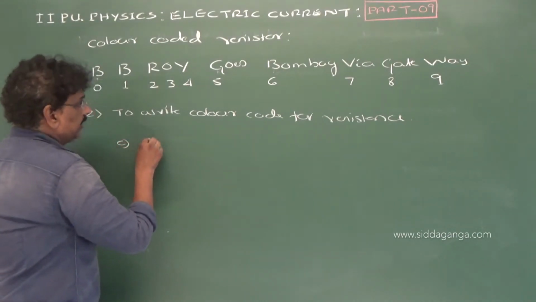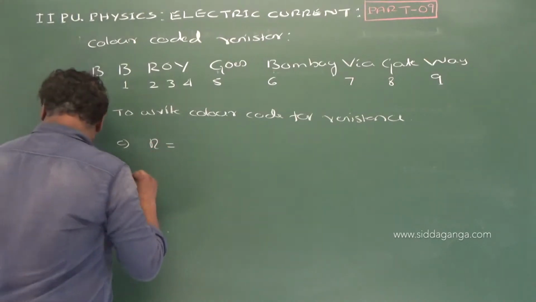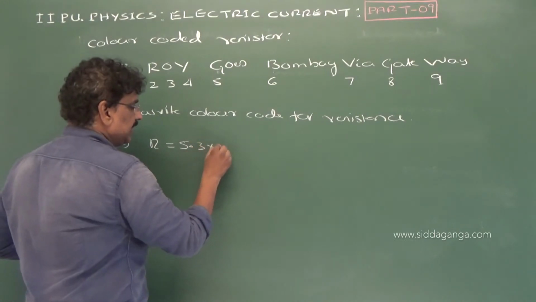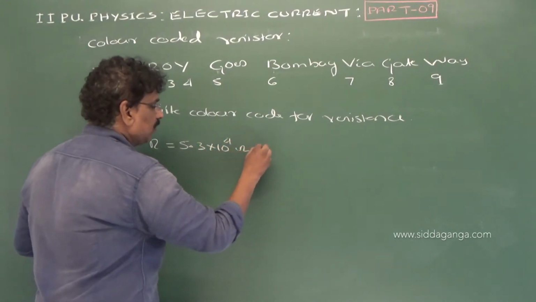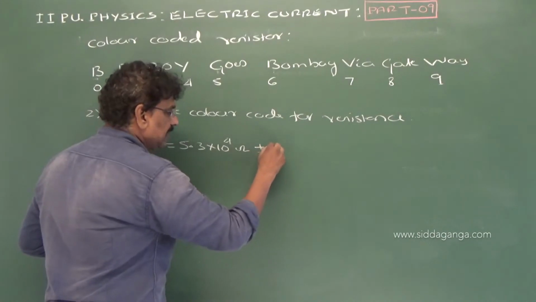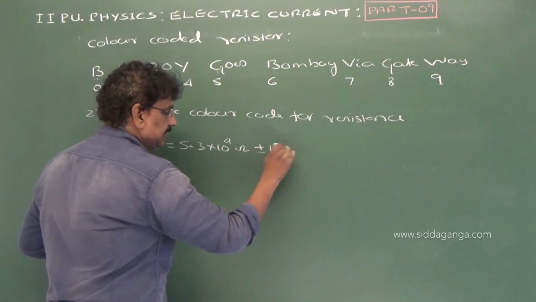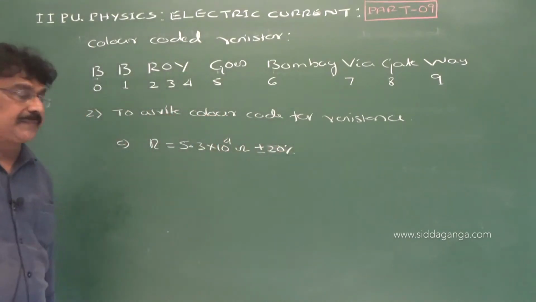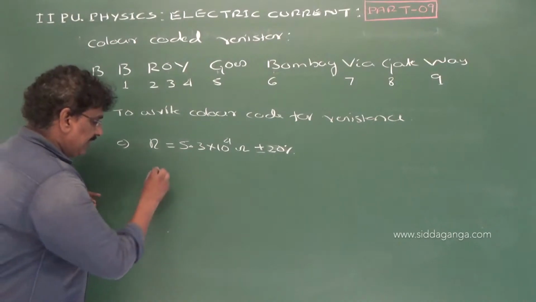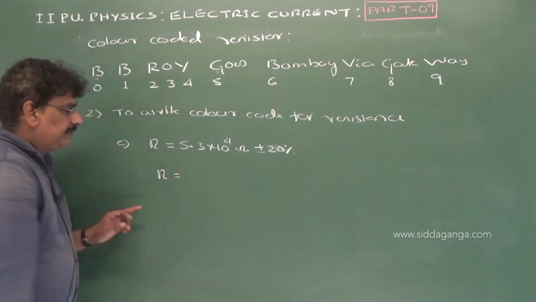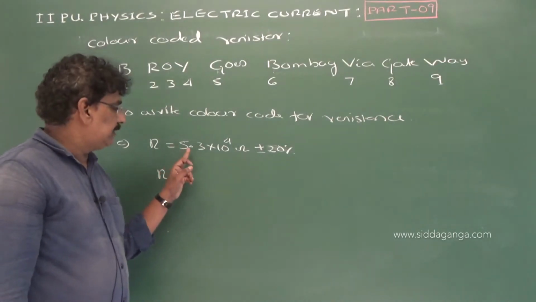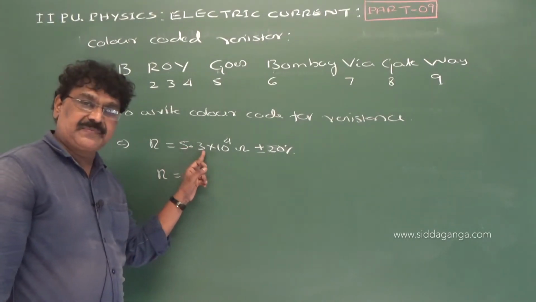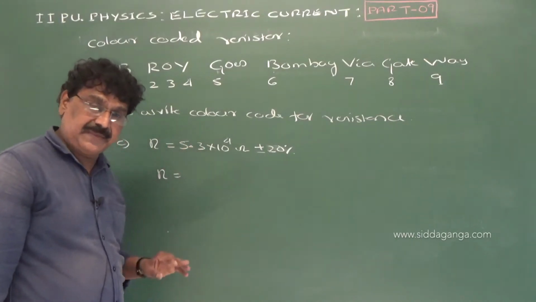Now we are having resistance 5.3 into 10 raised to the power of 4 ohm plus or minus 20%. All right. Now here we have a decimal point. This is not 53, in fact, this is 5.3.